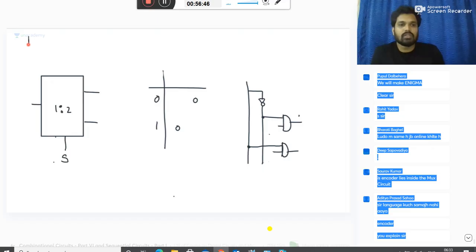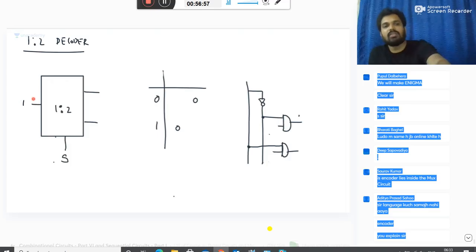First we are going to discuss the 1 to 2 decoder. That is, you have one input. It can be named anything, A, B, C, anything, and you have two outputs, y0 and y1.